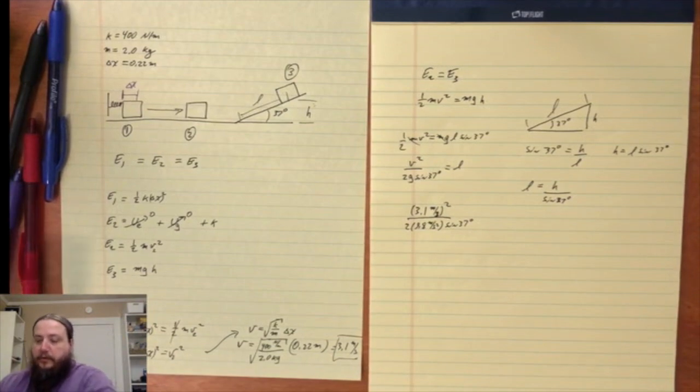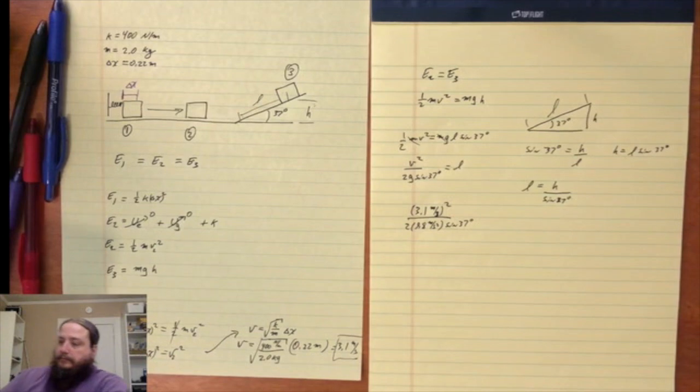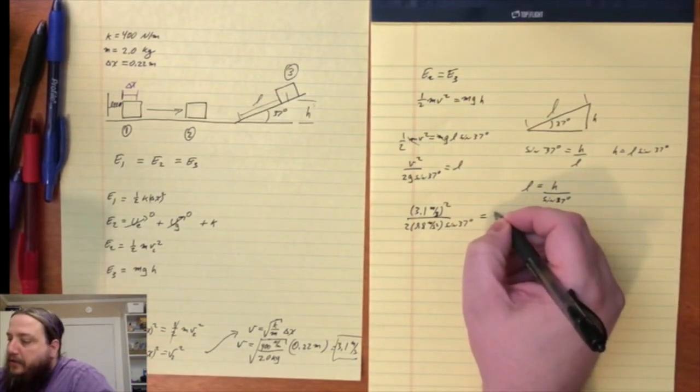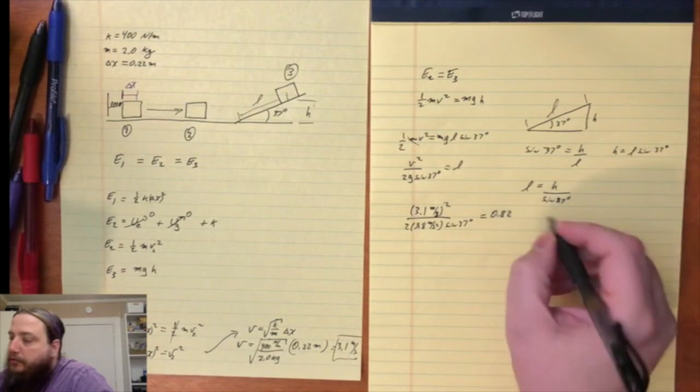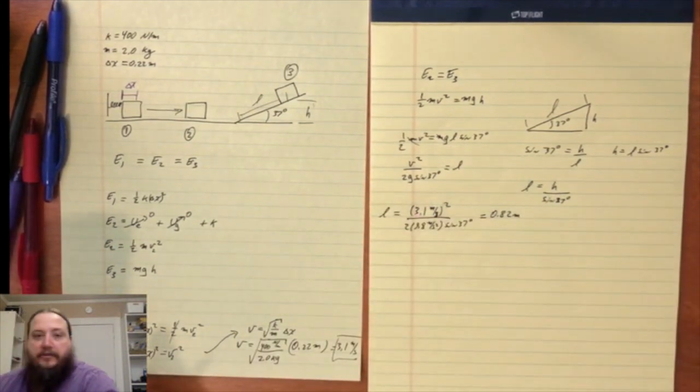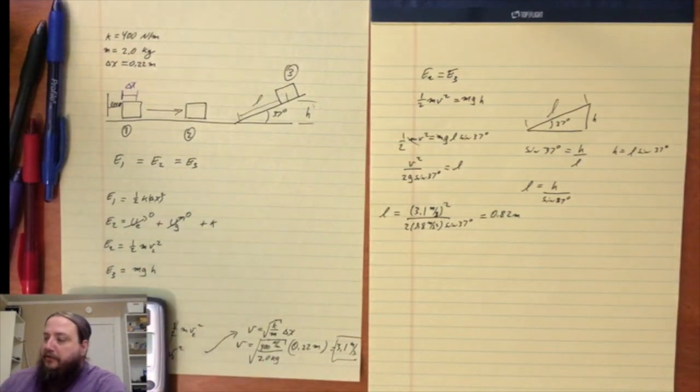So we take the 3.1, square it, divide by 2, divide by 9.8, and divide by the sine of 37 degrees. And this is 0.82 meters is our length that it goes up the ramp.